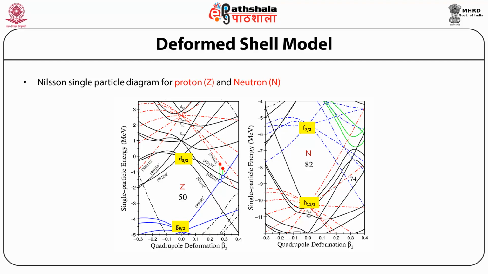In the first picture, the Nielsen single particle energy levels are given for protons, and you can see that orbitals have different behavior at different deformations. A similar conclusion we can draw for the case of neutrons. In the case of neutrons also, the behavior of various orbitals varies as a function of deformation.